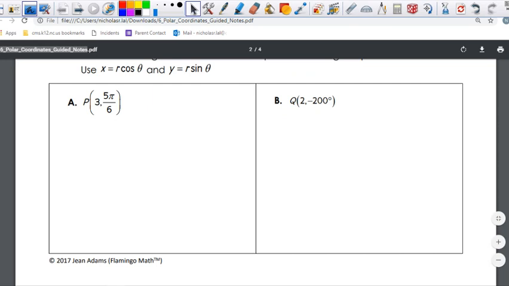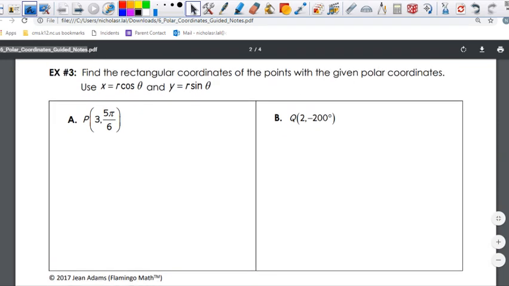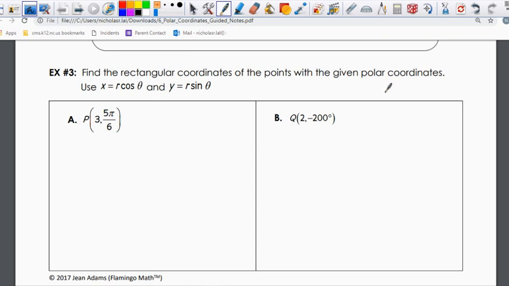Example 3. Find the rectangular coordinates of the points with the given polar coordinates. Use x is equal to r cosine of theta, and y is equal to r sine of theta. So we have A, P of 3, 5 pi over 6, B, Q, 2, negative 200 degrees.